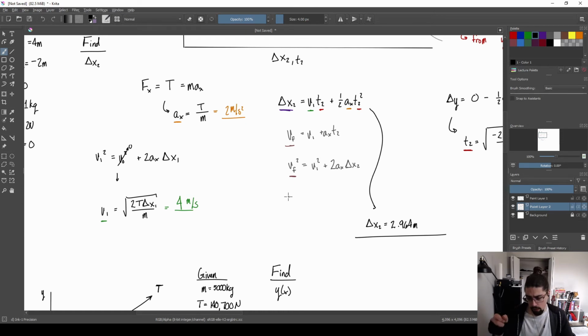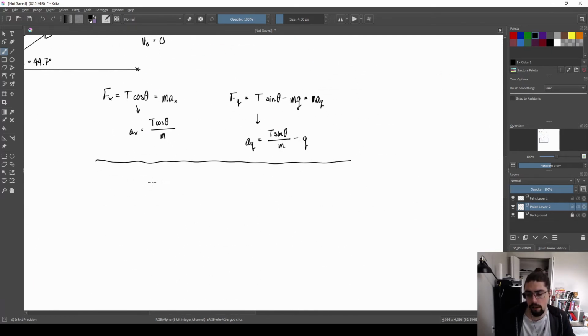Because right off the bat, we said, okay, well, we need some way to link together x and y. Our end goal, and we can even write this, we need to link x and y.